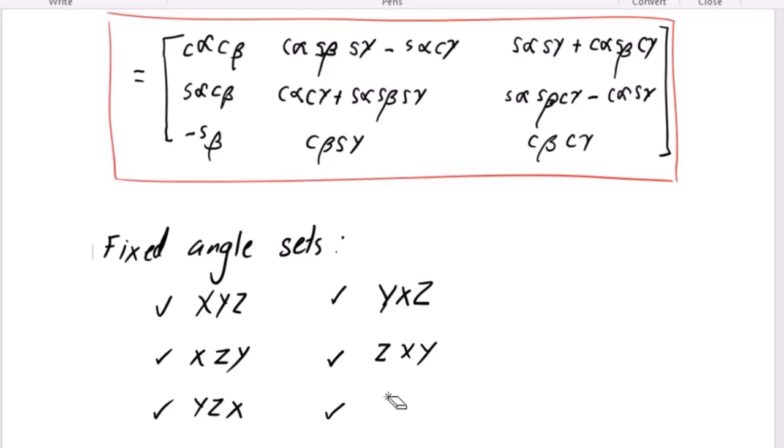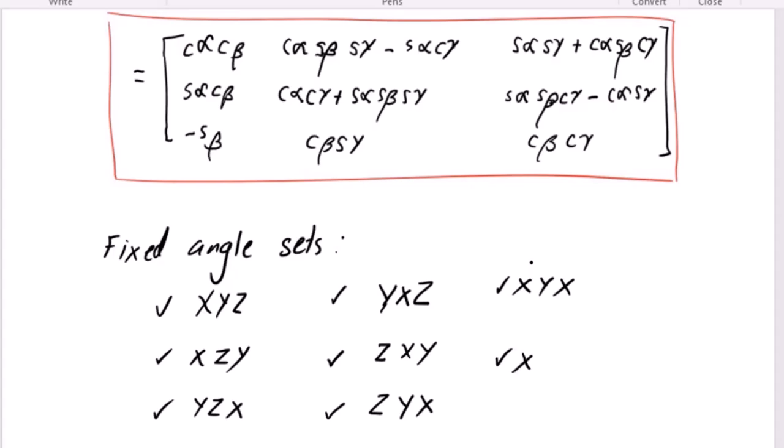Y, x, z. Yes, it's already here. What is missing? One more. ZYX. Okay, let me check. Z, Y. Yes. And the rest will be X, Y, X.